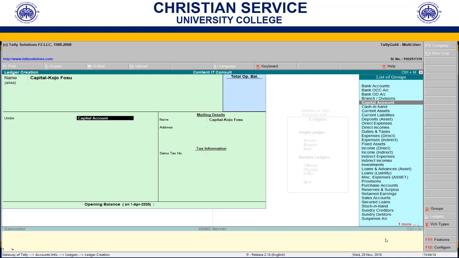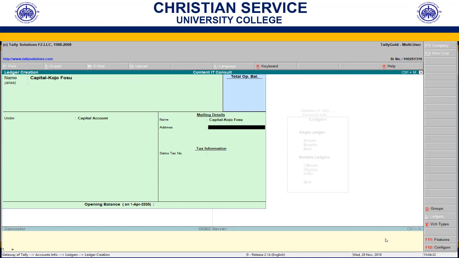We don't want to put any alias, which is another name for the account. These are names that we will use to identify the accounts if we need to, and they would have been in our chart of accounts, which we'll talk about later. But we will not put any alias for now, and under the capital account, this is where we put our Kojo Fosu capital account. We continue by pressing enter to the very end where the balance is, but since we don't have any opening balance, we only press enter and this is accepted for us.